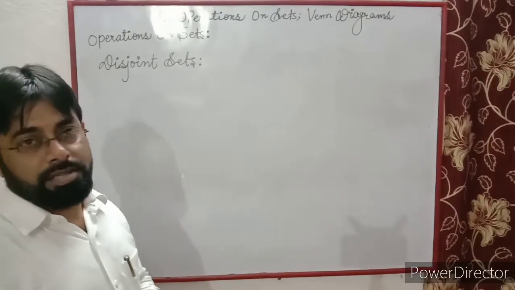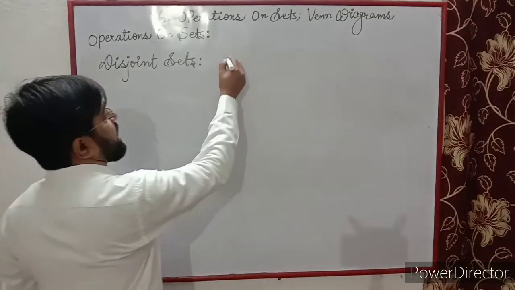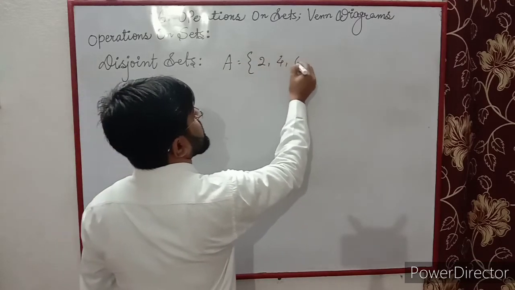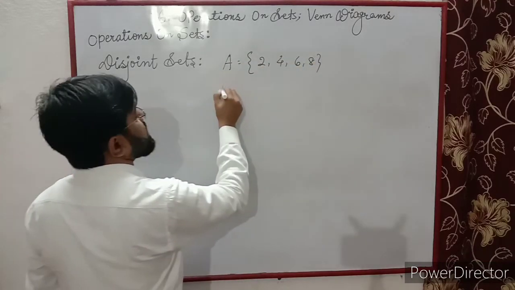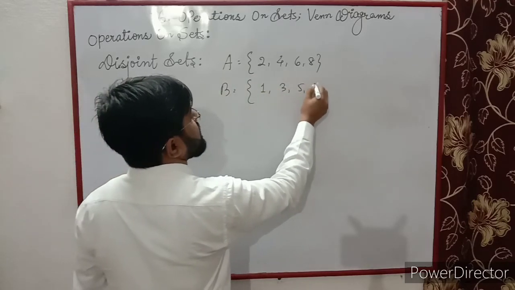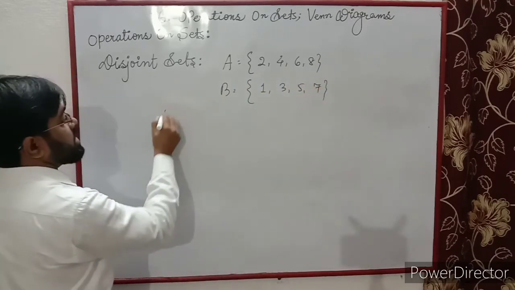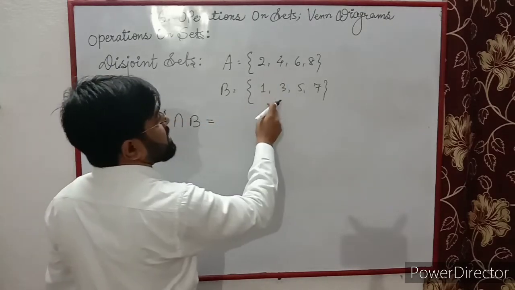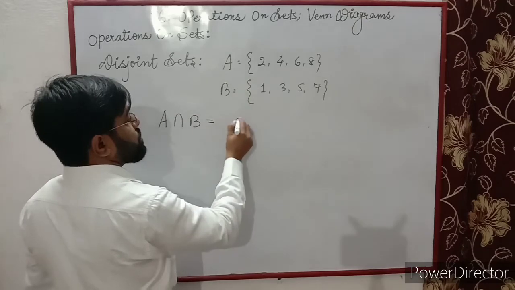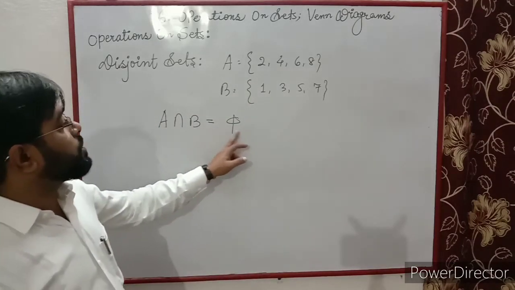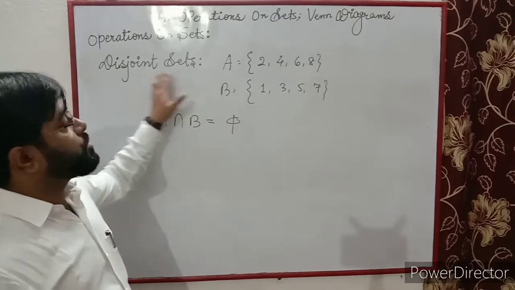Now disjoint sets. Suppose set A has elements 2, 4, 6, 8 and set B has elements 1, 3, 5, 7. Now A intersection B: there is no common element in set A and set B, so that is the empty set. So A intersection B is equal to the empty set, and that is called disjoint sets.